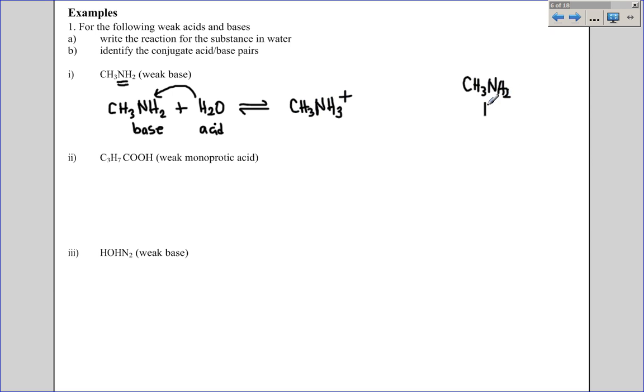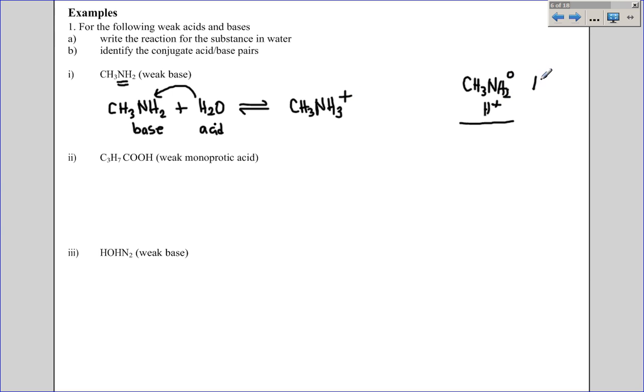You want to add a proton, so the formula increases by 1 in the number of hydrogens, and the charge is determined by the combined charges. This had no charge, but the proton has a positive 1 charge, so the overall charge of the new compound has to be +1.